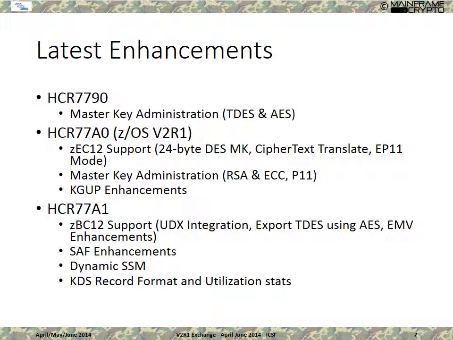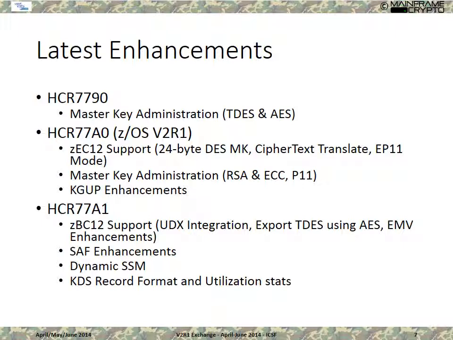And the idea here is that IBM has realized that they have to do more in terms of helping you to manage keys. So they are introducing a new date last used and time last used field into the key token. So within the key token in the key store, in the CKDS, the PKDS, and the TKDS, they're adding some fields, specifically a date last used and a time last used field.